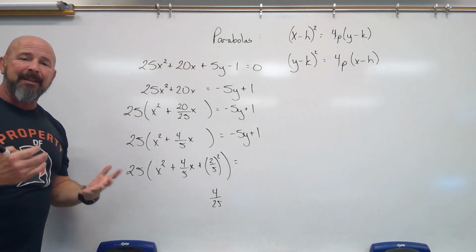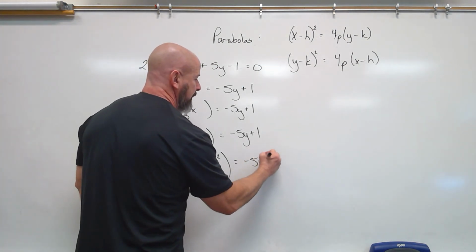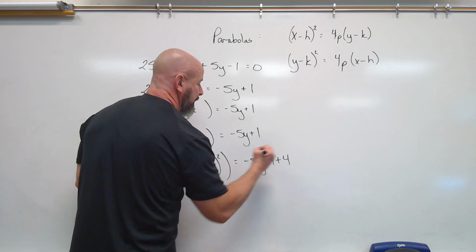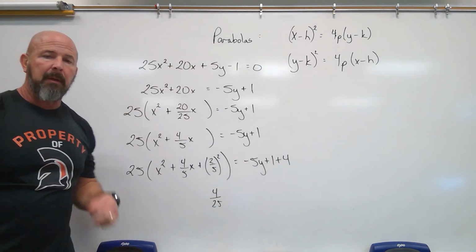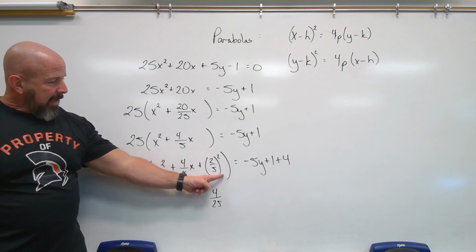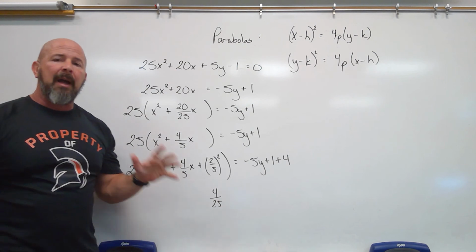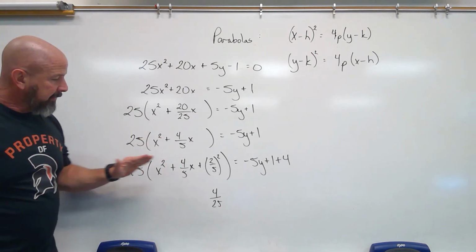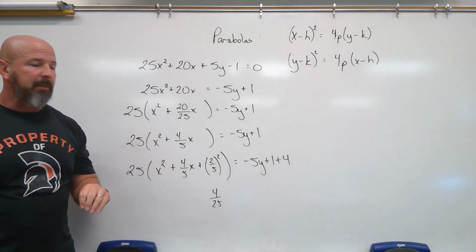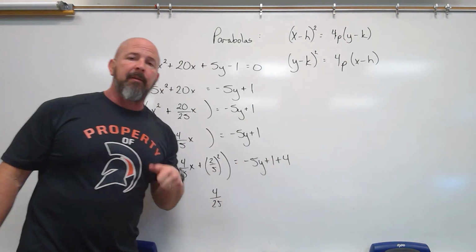So what's happening is I'm really adding 4 to the left side, so that means over here, I've got to go add 4. It looks at first like I'm adding this value, which is 4/25, but what I need to remember is I'm really adding 25 times that, which is just going to be the 4. So on the right side, I'm adding my 4.